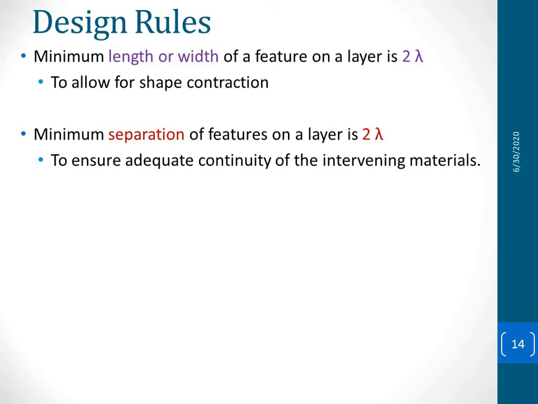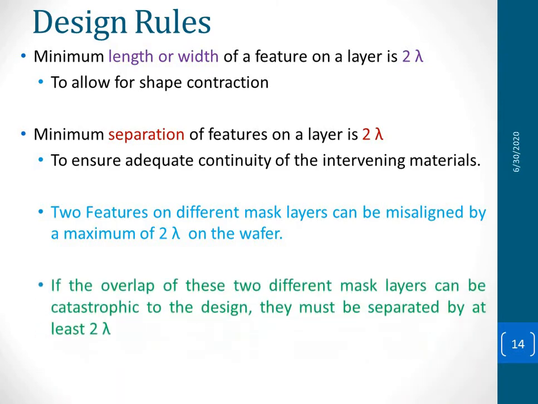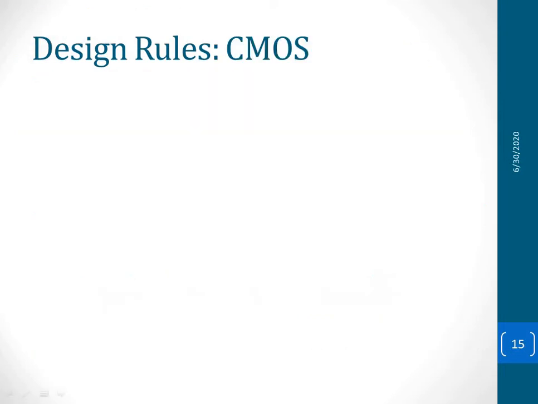So there should be minimum length and width, there should be minimum separation, and two features on different mask layers can be misaligned by a maximum of 2 lambda on the wafer. If the overlap of these two different mask layers can be catastrophic to the design, they must be separated by at least 2 lambda. If the overlap is just undesirable, they must be separated by at least lambda.